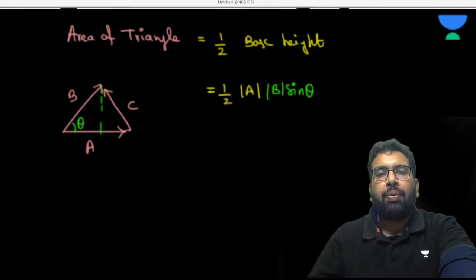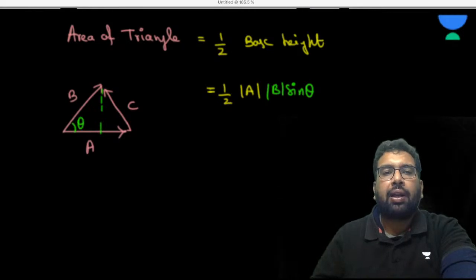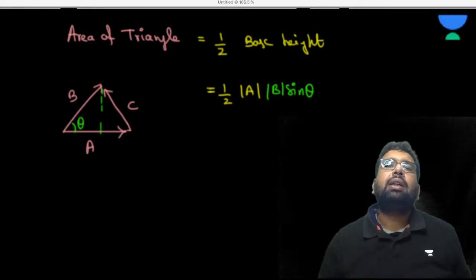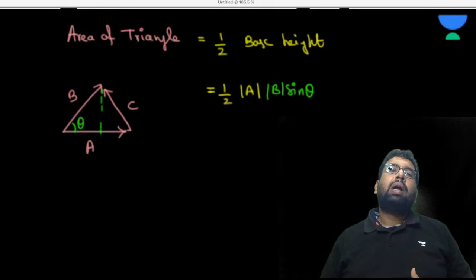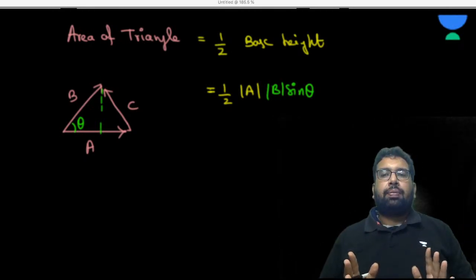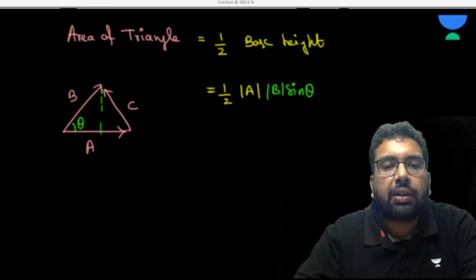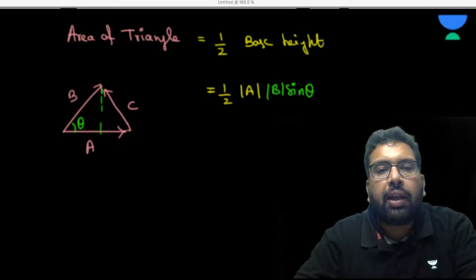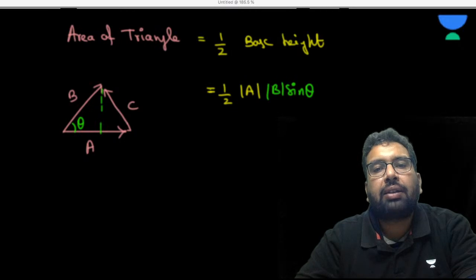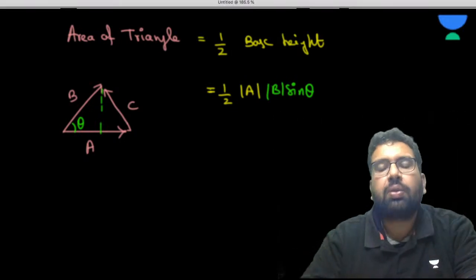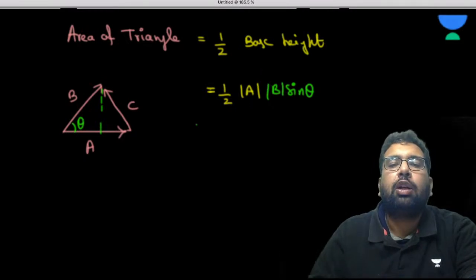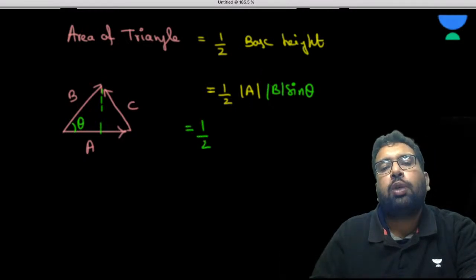So what I'm trying to tell you is that if any triangle is formed by any two vectors, you can find its area like this. The area is half of AB sine theta, A magnitude, B magnitude sine theta.